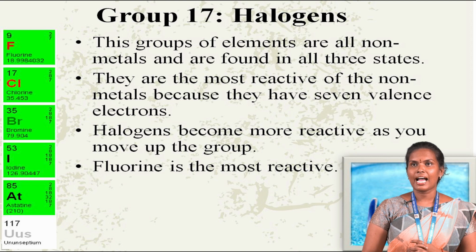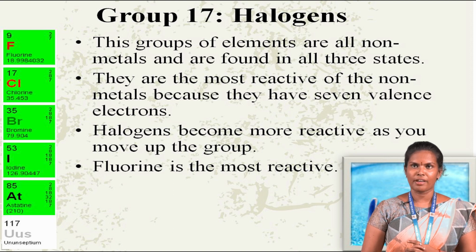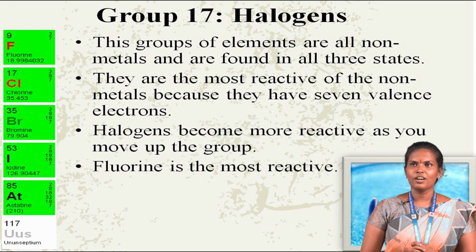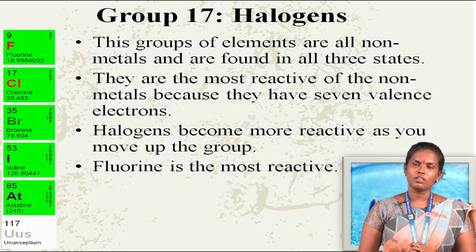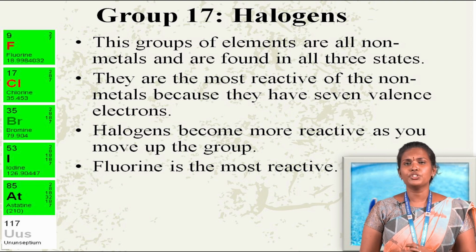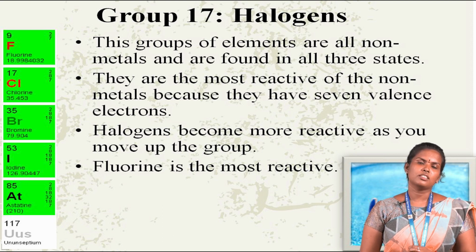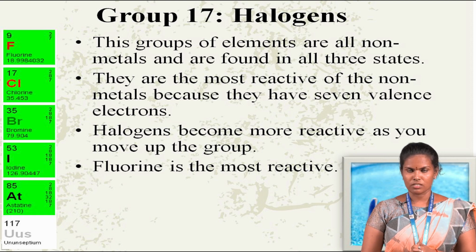Group 17 is the halogen family. These groups of elements are all non-metals and are found in all three states. They are the most reactive of the non-metals because they have 7 valency electrons.